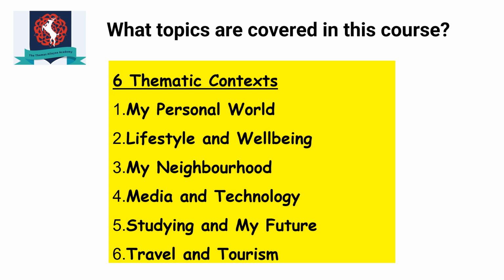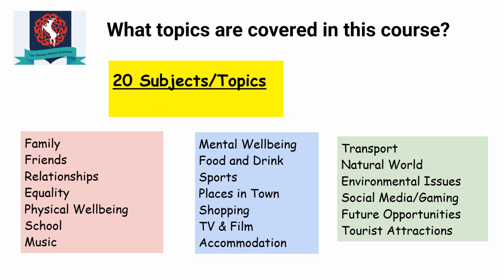So there are six thematic contexts in the new GCSE. My personal world, lifestyle and well-being, my neighborhood, media and technology, studying and my future, and travel and tourism. Now, each of these themes have their subtopics.